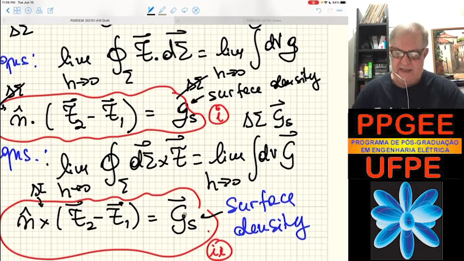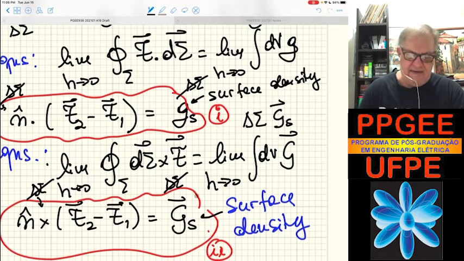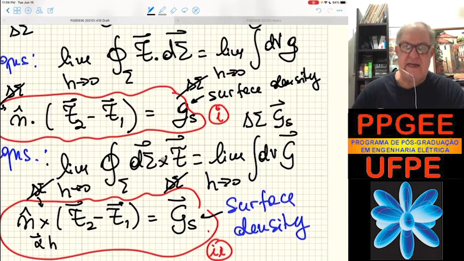On the right hand side, we would have delta sigma times G_S, so we cancel those terms here. And this integral has a lateral contribution proportional to h.